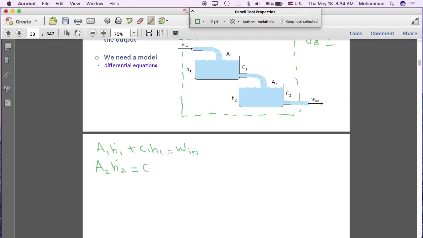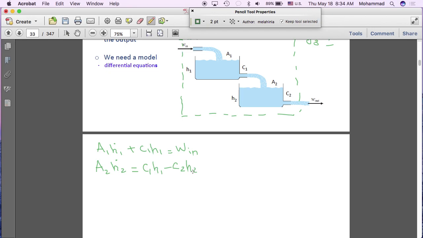Absolutely. So it's C1 H1, and note that this has a positive sign because this is inflow to the second tank. What goes out of the second tank, which will have a negative sign? C2 H2. Exactly. So C2 H2 is how much fluid goes out of the second tank.